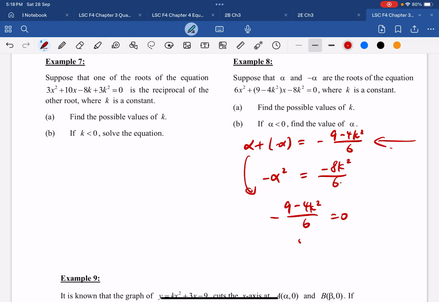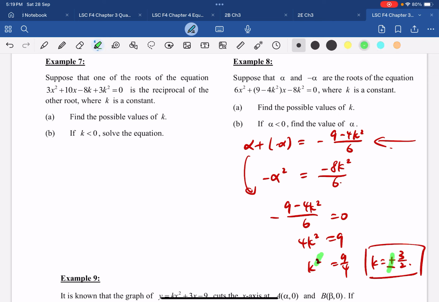So 4k squared equals 9. So k squared is 9 over 4. So k is plus or minus 3 over 2. 係啦，有二次。Okay, you got a square, so you need plus or minus.